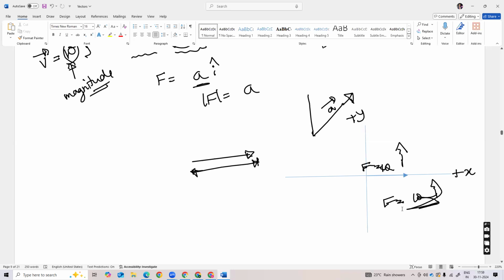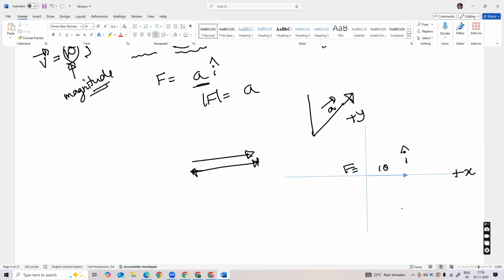The length of this vector is basically the magnitude of this vector, right?